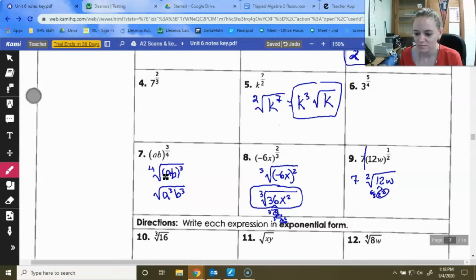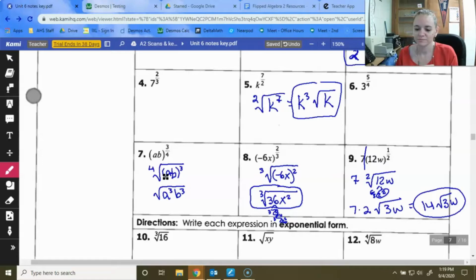So that'll be 7 times. Take out your pairs. I'll just go ahead and drop this, and I'm left with 3. It's still on the inside, and W is still on the inside. And then simplifying the front. There you go. Alright, so that's something to keep in mind.